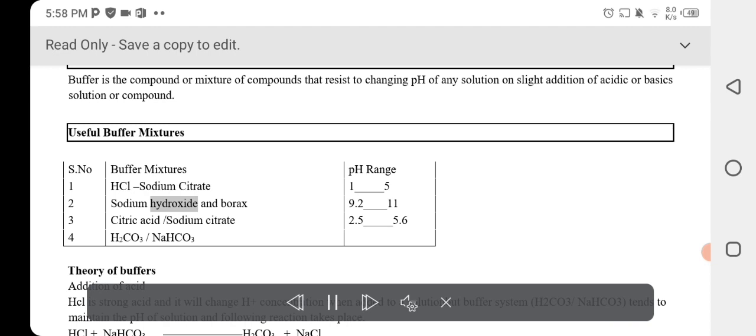Sodium hydroxide and borax: 9.2 to 11. 3. Citric acid/sodium citrate: 2.5 to 5.6. 4. H2CO3/NaHCO3.